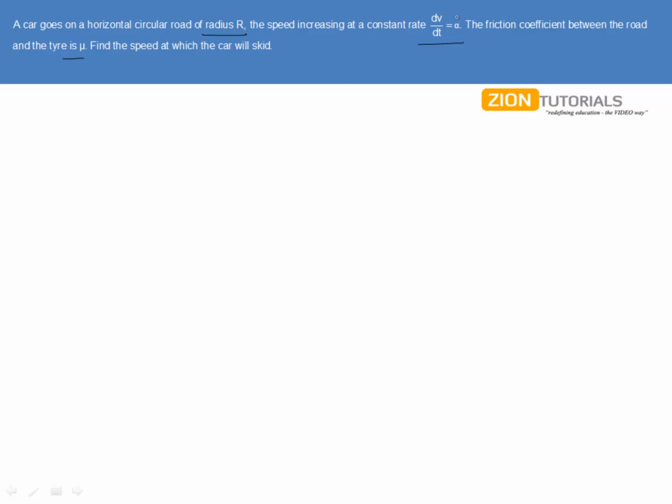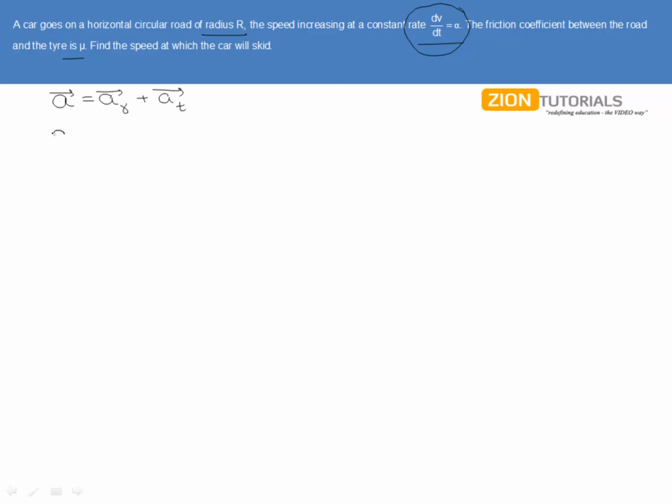Now they have given us that the speed is increasing at this rate. So they have given us actually a non-uniform circular motion. So we will be having an acceleration A, which will be having a radial component as well as the tangential component.